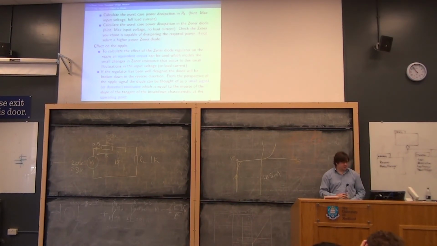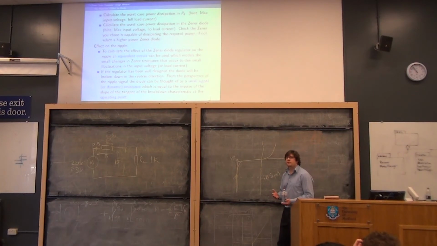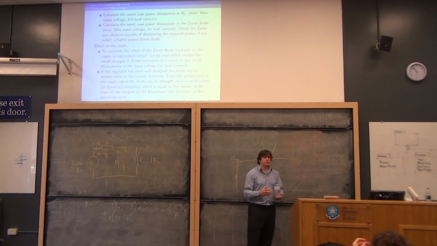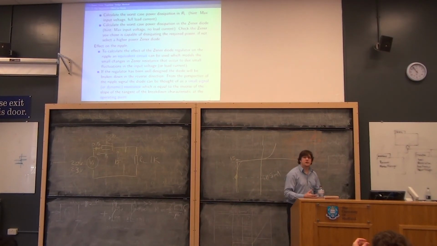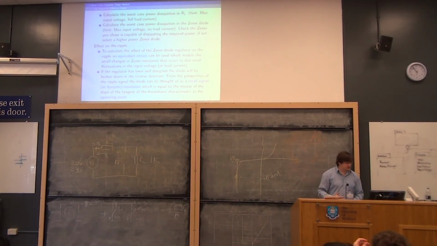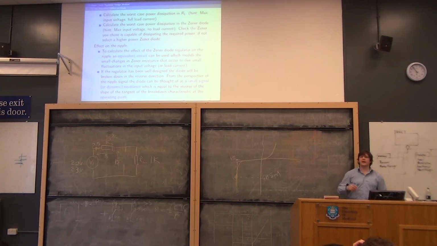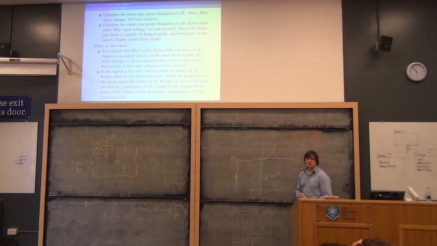Now we will do a bit more of this next time, but we have to know some model of what the Zener diode looks like from the point of view of the ripple. And we need to be able to draw some circuit which represents what the real circuit looks like as the ripple sees it. Now if the regulator has been well designed, the diode will be broken down in the reverse direction, and from the perspective of the ripple signal, which will exist on the output node, the diode can be thought of as its dynamic resistance, which is the slope of this line.